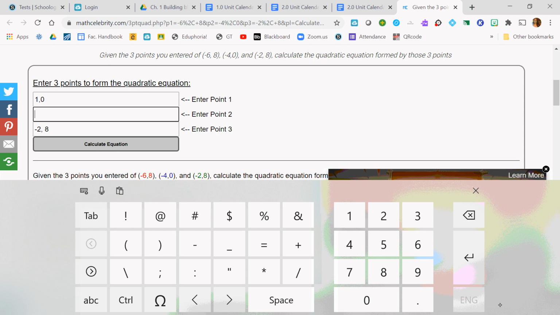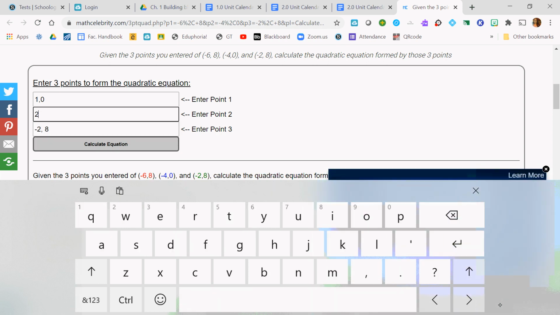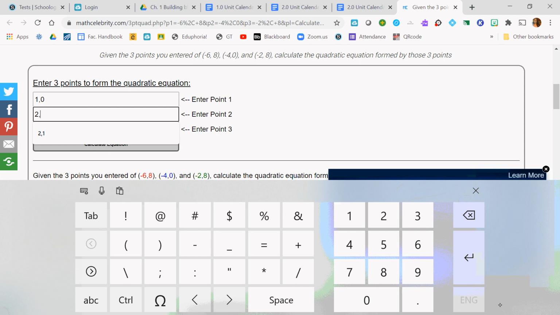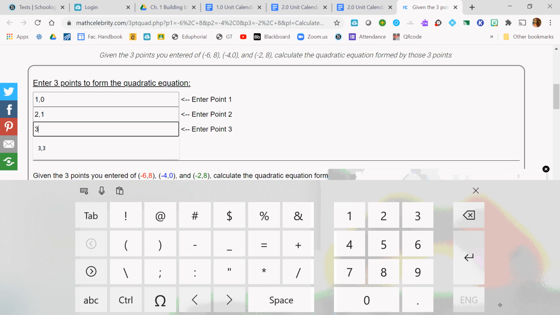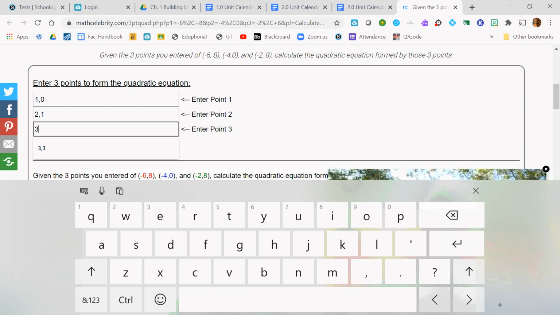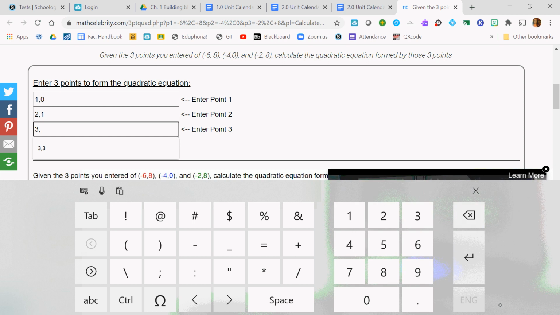And then on the second one, when there were 2 people at the party, there was 1 handshake. And then on the last one, when there were 3 people at the party, there were 3 handshakes. Okay, and that's all you have to do.